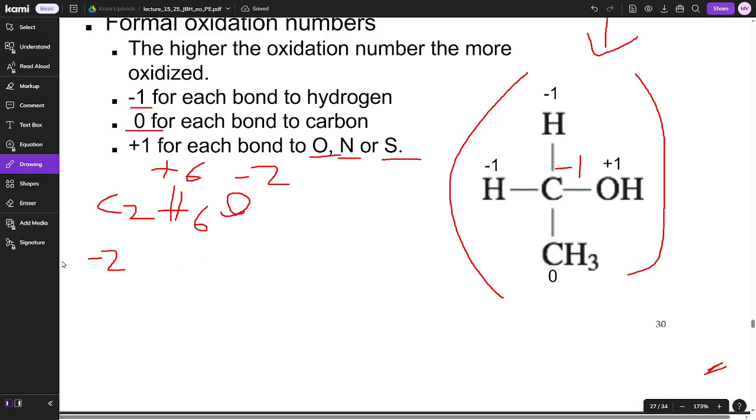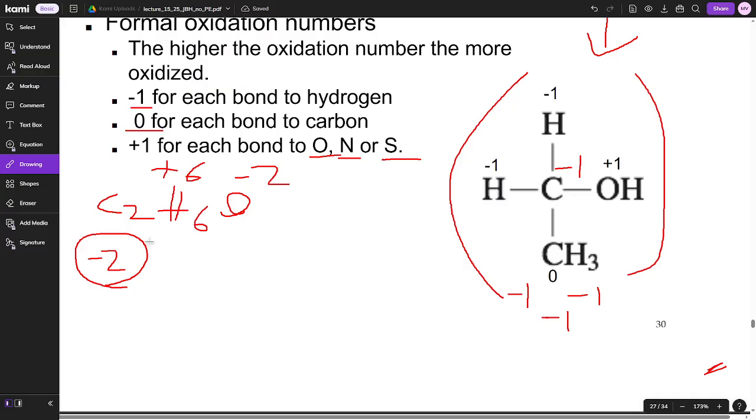Yeah. And just to preface this, this is the average. If you were to look at this carbon right here separately, there would be three -1 charges coming from these hydrogens. So one hydrogen with a -1, another with a -1, and another with a -1, so this is -3 and this is -1. Notice how the total adds up to -4.